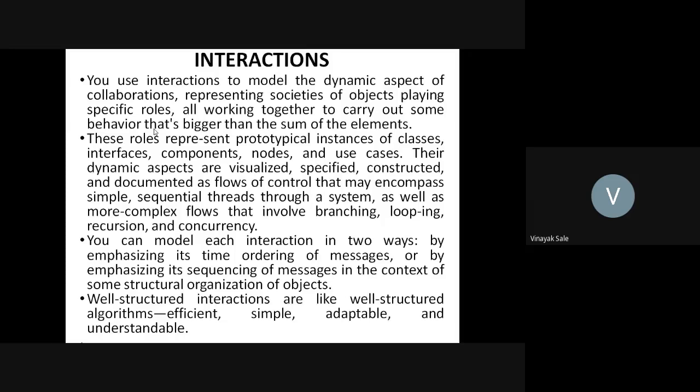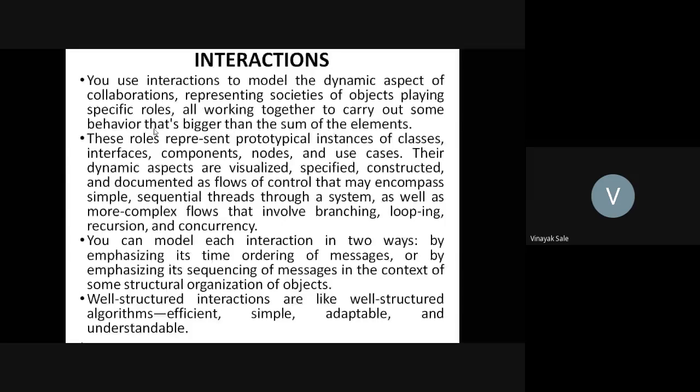You can model each interaction in two ways: by emphasizing its time ordering of messages, or by emphasizing its sequencing of messages in the context of some structural organization of the objects. Well structured interactions are like well structured algorithms: efficient, simple, adaptable, and understandable.